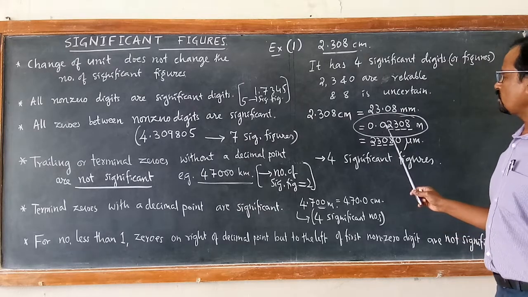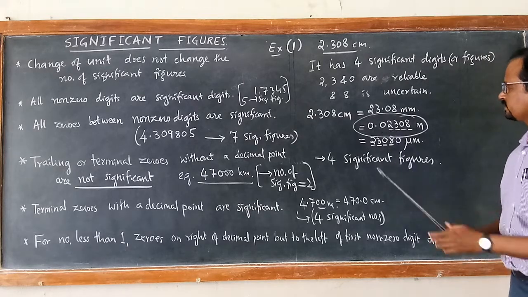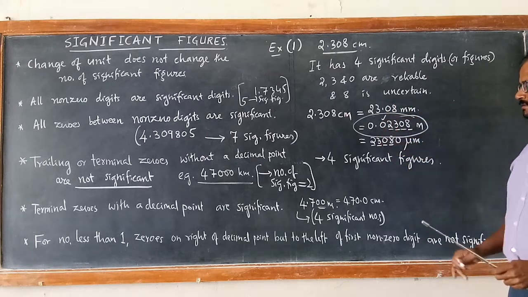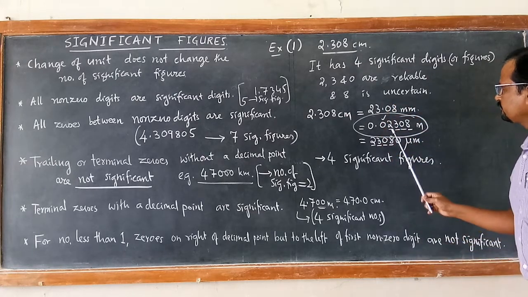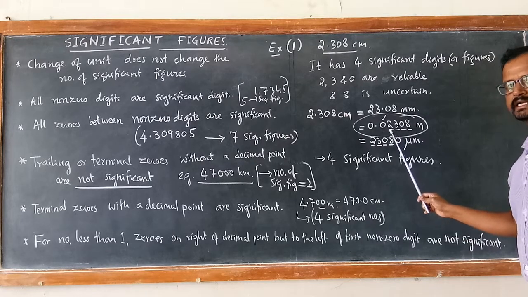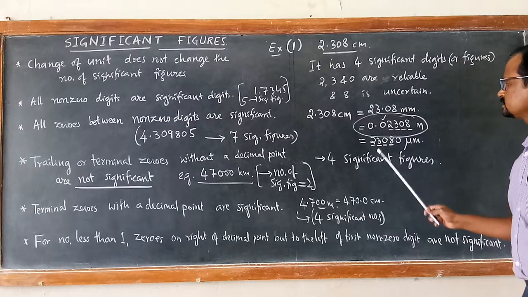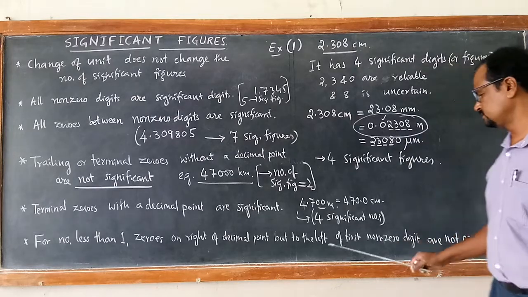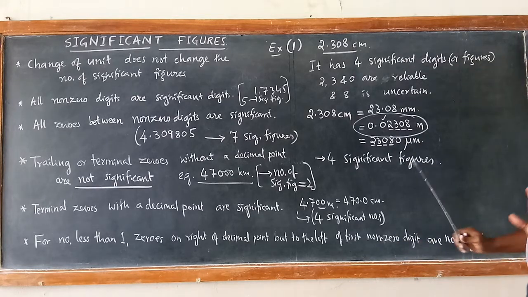The 0 on the right of the decimal point and to the left of the first non-zero digit is not significant.